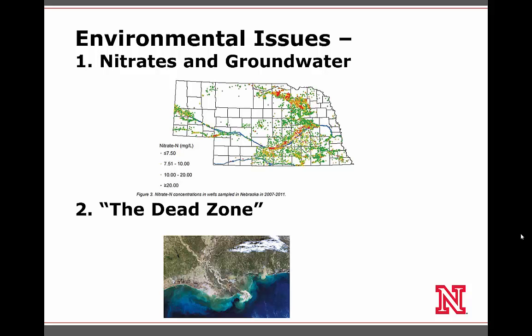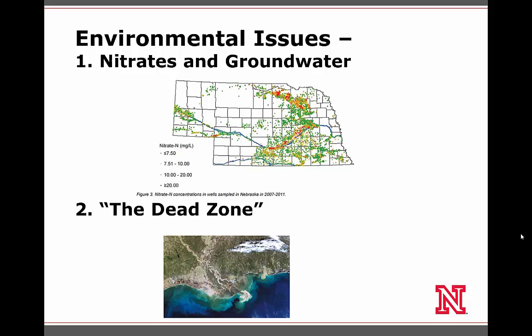The dead zone is something that we talk about in the Gulf of Mexico. If we have too much sediment or too much nitrogen and phosphorus that comes off of our farm fields in field runoff, if you look at our tributary and river systems in the Midwest, everything does end up at the basin of the Mississippi.